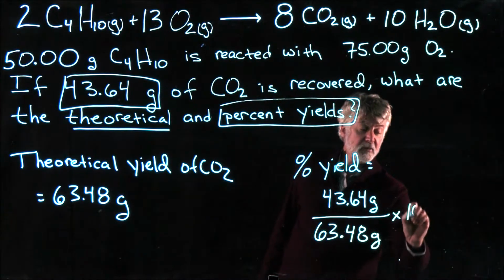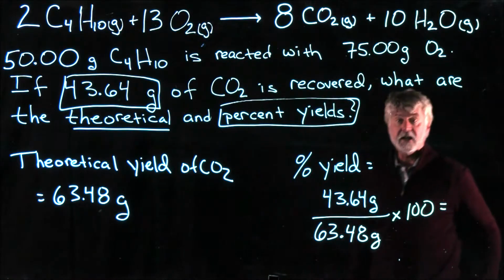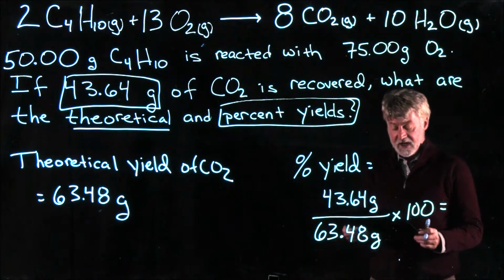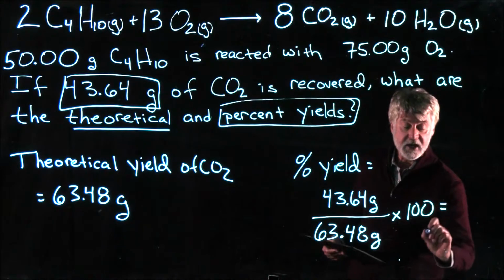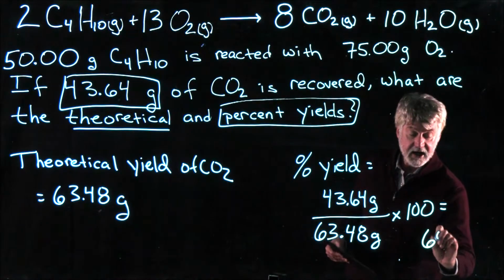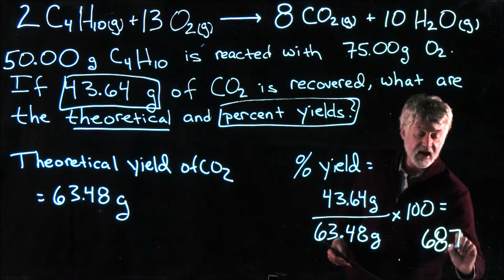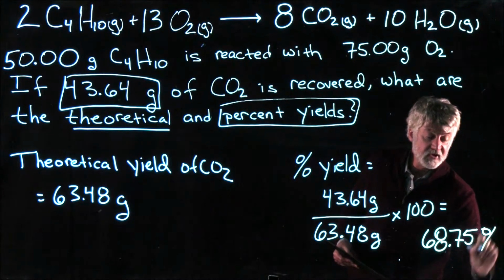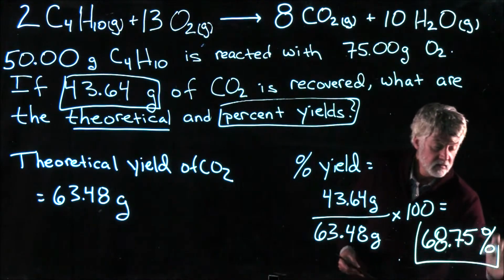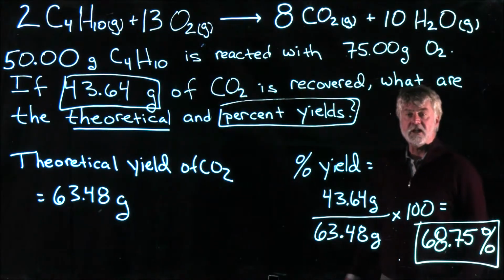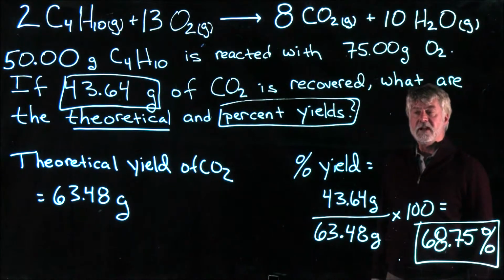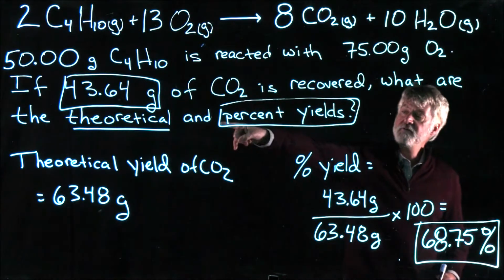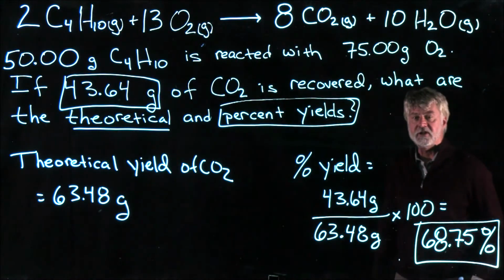Then we multiply by 100 to get it into percent units, and we end up with 68.75% as our percent yield. So that's how you do a limiting reactant problem to answer questions about the theoretical and the percent yields. And I hope that helped.